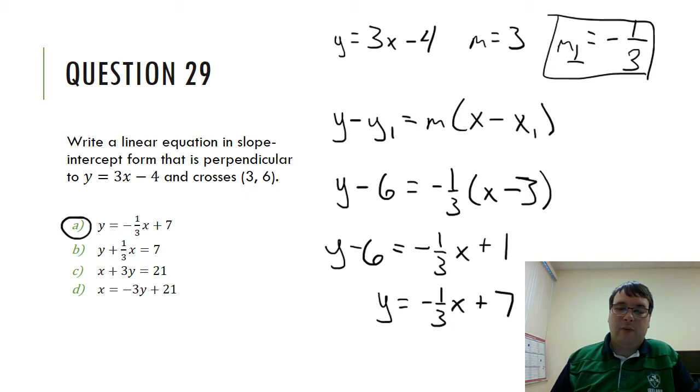Now let's distribute. So y minus 6, that didn't change. This is a -1/3 x. And what's a third of 3? 1. Negative and negative makes it positive. Add our 6 over. Y is equal to a -1/3 x plus 7. So there's your equation.